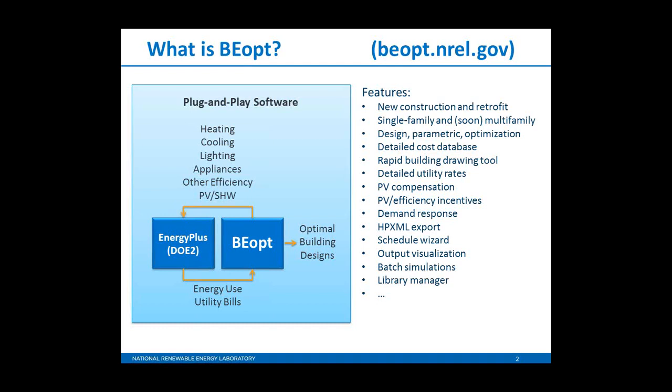And there's a lot of software tools in the market that some of them will use, for example, DOE2. There's other types of engines. Sometimes there are seasonal calculations and so on. But we really are trying to push Energy Plus as a more accurate representation of the energy modeling in the building.